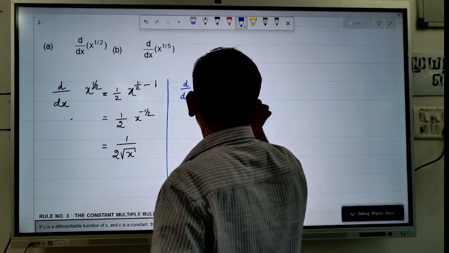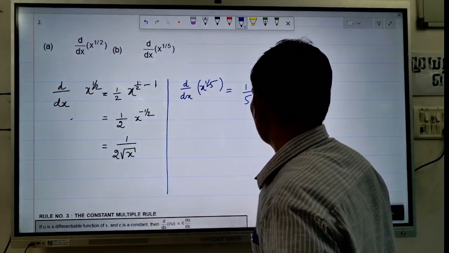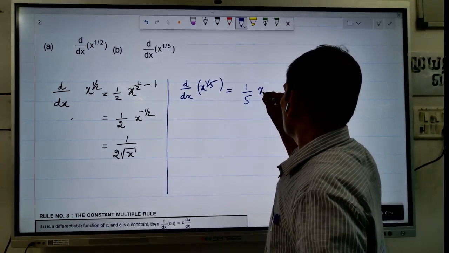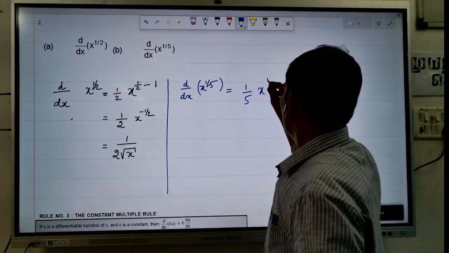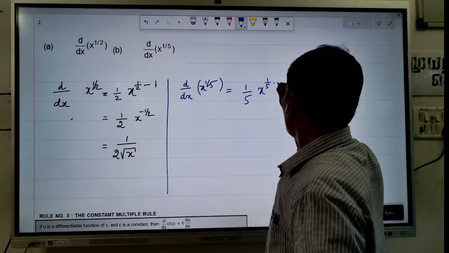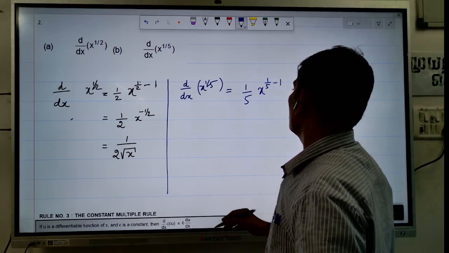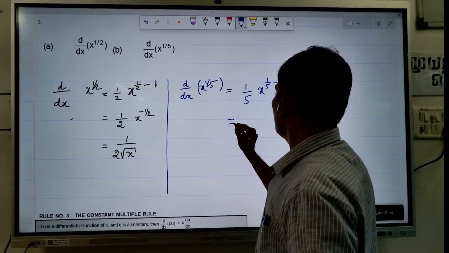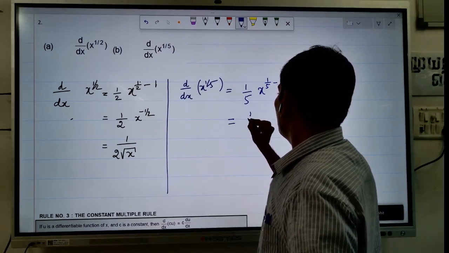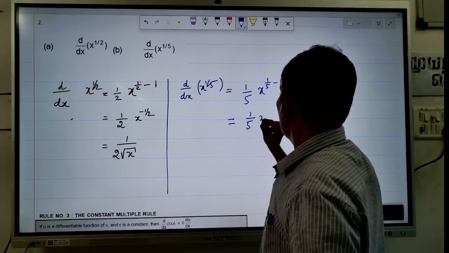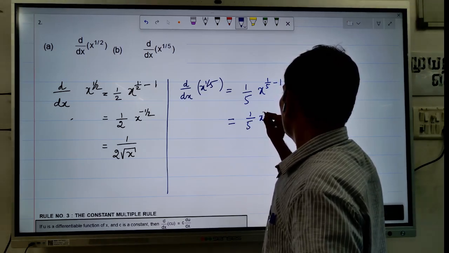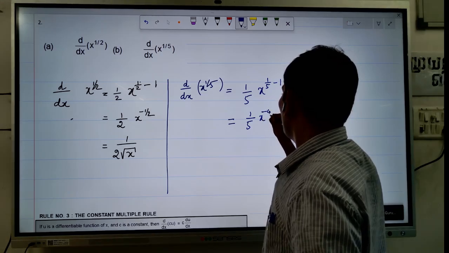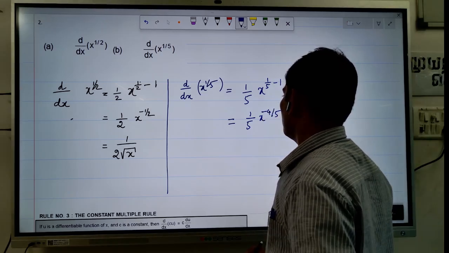Yes, 1 by 5, x to the power 1 by 5 minus 1. Very good. Which is equal to 1 by 5 into x to the power minus 4 by 5. Correct.